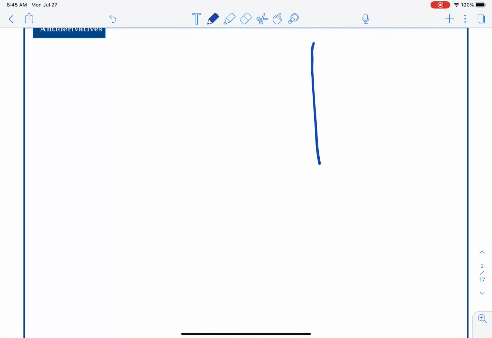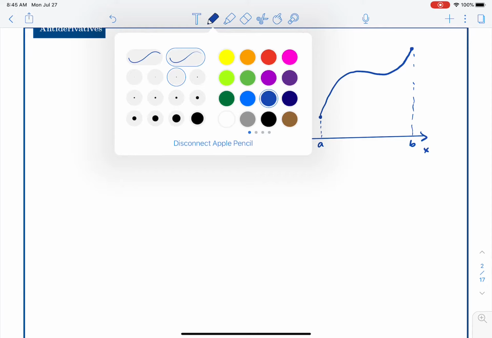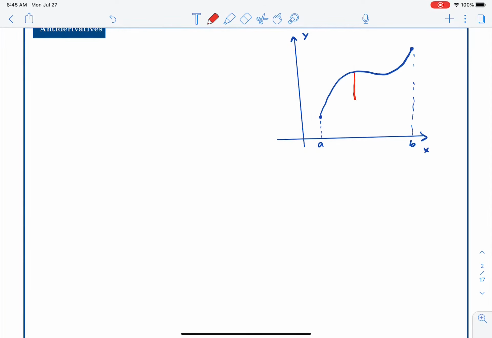Suppose we have a function, and let's say I have a curve of that sort between a and b, and I'm going to pick two lines, and those two lines are x and x plus h, and of course I would end up having f of x and f of x plus h.